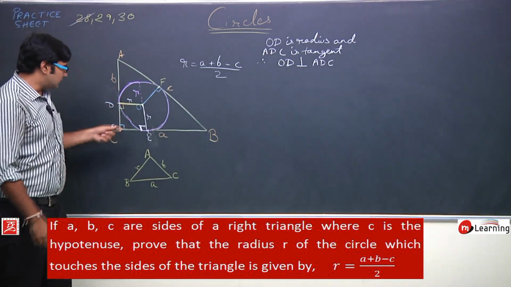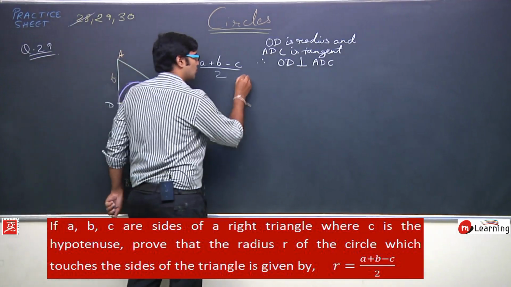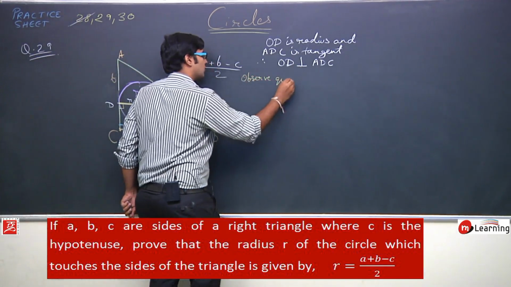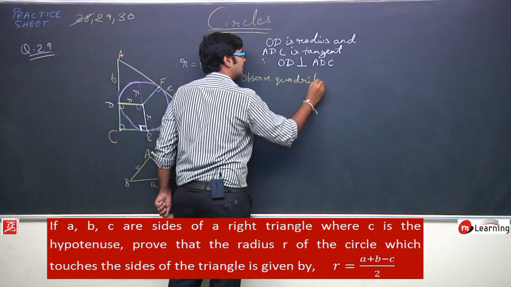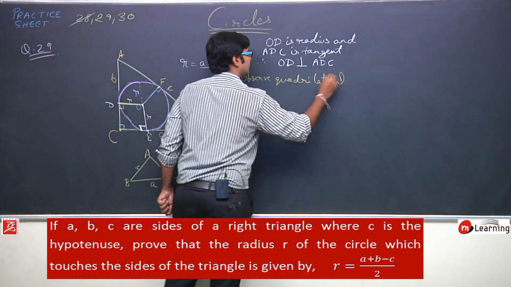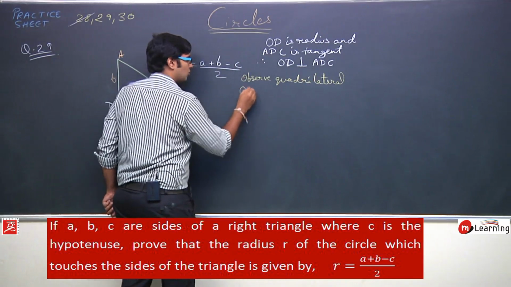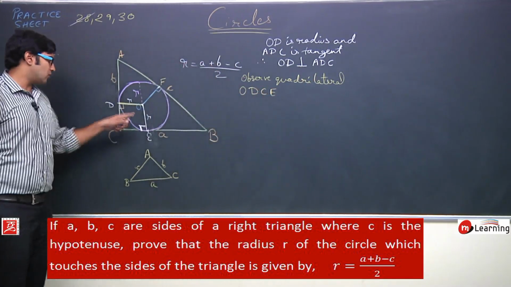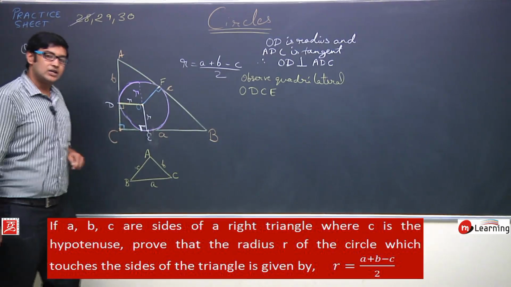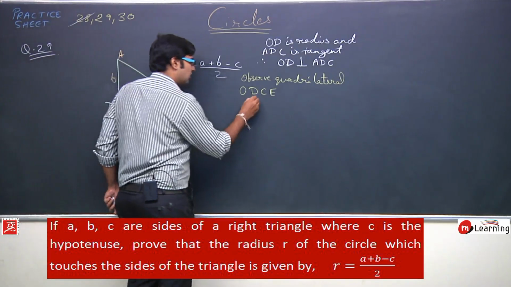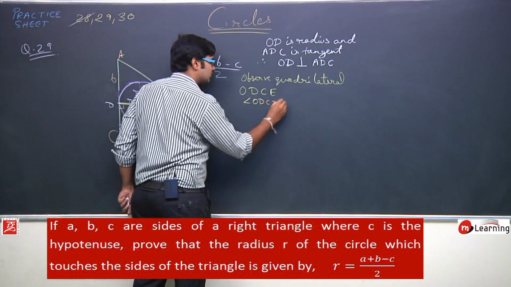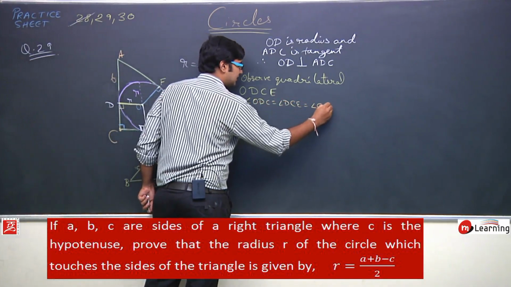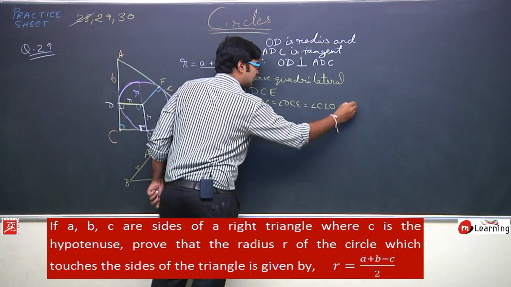So if you observe quadrilateral ODCE, you can see angle ODC equals angle DCE equals angle CEO equals 90 degrees.